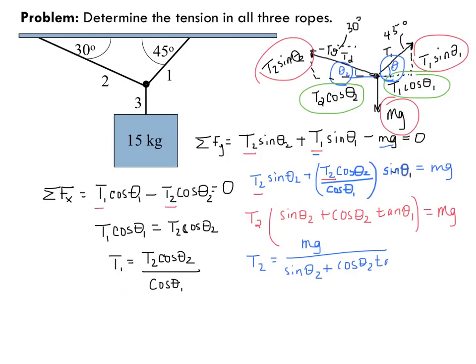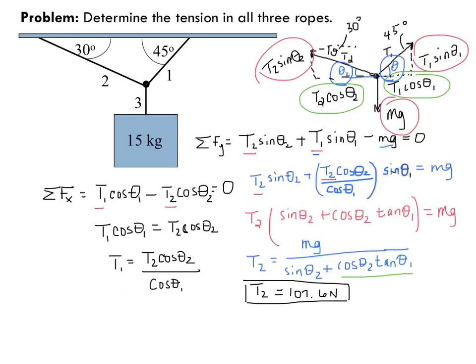Make sure that when you put this in the calculator that you are putting the correct thetas into each of the different angles that we have here, and that you do cosine times tangent first before you do a plus sine theta 2. You should have gotten a value of 107.6 newtons.